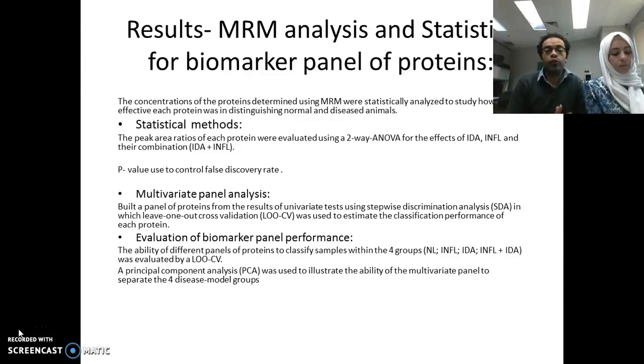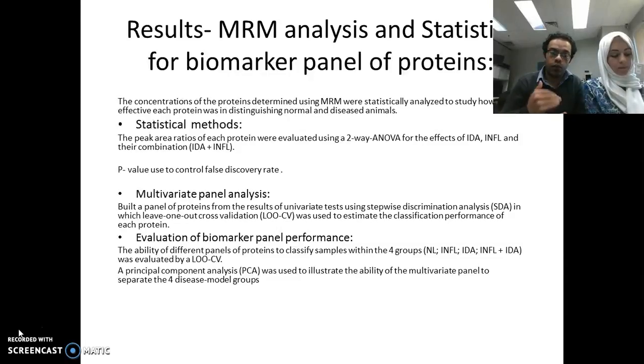P-values were used to control the false discovery rate. Multivariate panel analysis built a panel of proteins from the results of univariate tests using stepwise discriminant analysis, in which leave-one-out cross validation was used to estimate the classification performance of each protein.